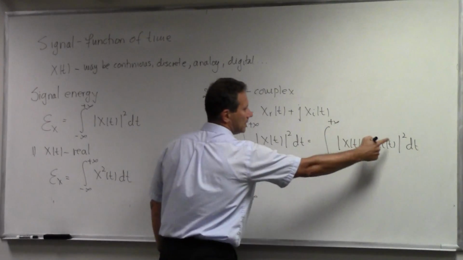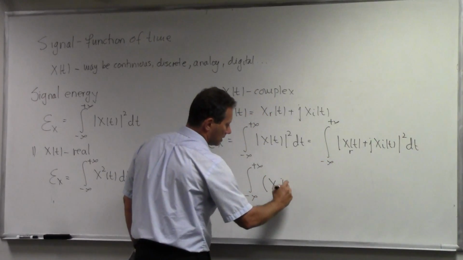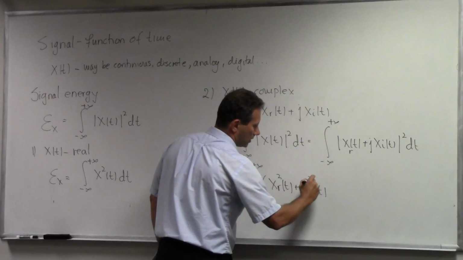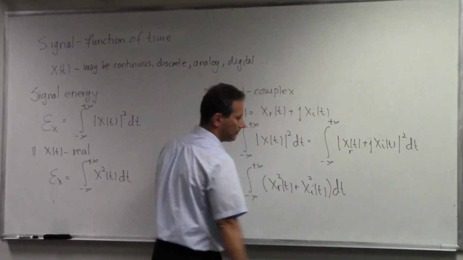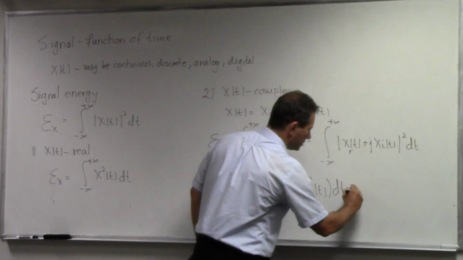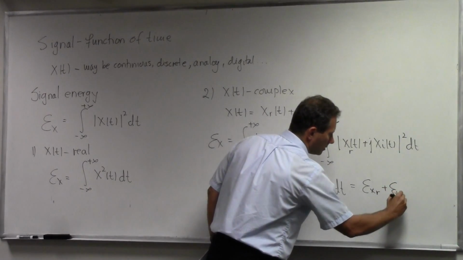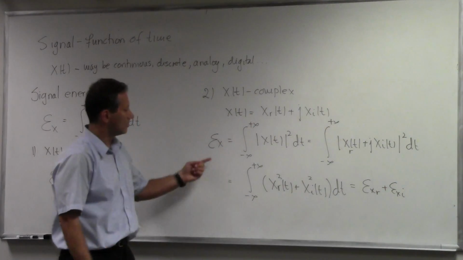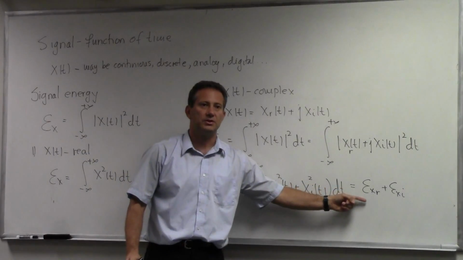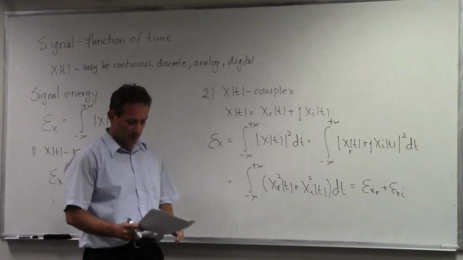So the square root will be eliminated by this square here, and we end up with x r of t squared plus x I of t squared dt. So that's the energy of the complex signal. If the signal is complex, its energy is the sum of the energy in the real part and the energy in the imaginary part.